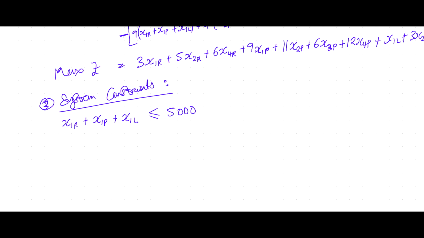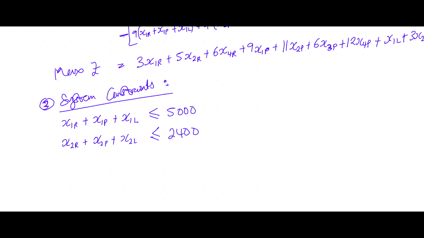Now, component 2 in regular plus component 2 in premium plus component 2 in low lead cannot also exceed 2,400, right?